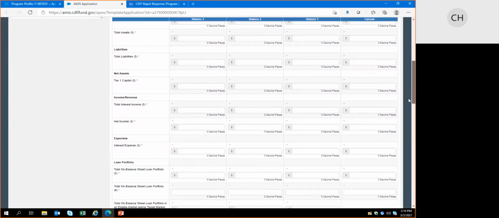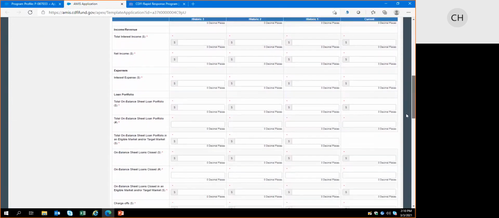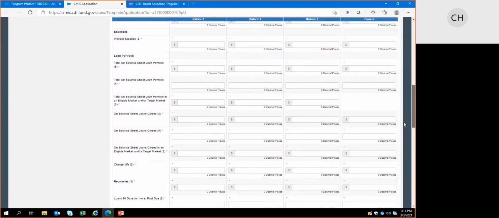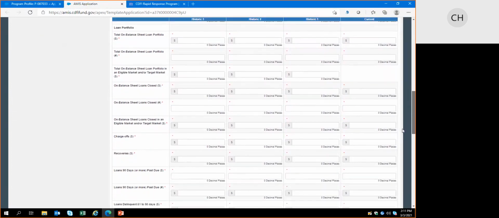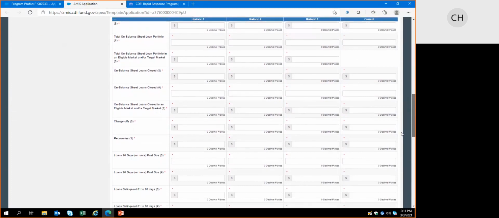Essentially, your maximum award request is going to be based upon the sum of 3 fields on this section of the application. It's going to be calculated upon the total amount of your on-balance sheet loans closed in an eligible market and or target market in your most recent historic fiscal year.